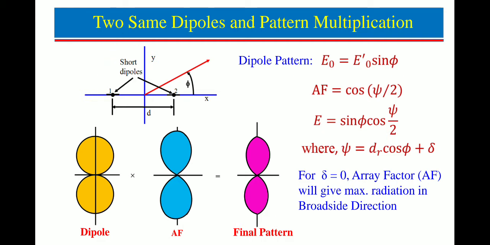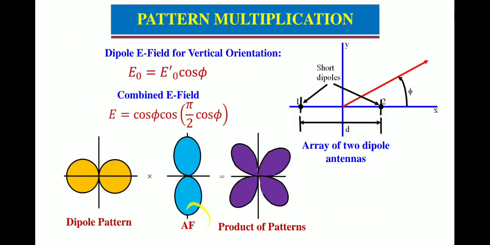So, for the dipole AF and final pattern, we can see here for the two same dipoles and pattern multiplication, and for delta equal to 0, the array factor, that is AF, will give maximum radiation in the broadside direction. So, in these two directions we can see here, and the pattern multiplication we can see here.